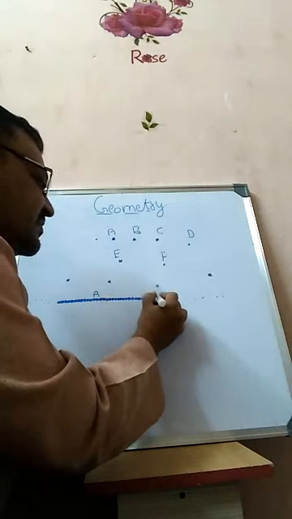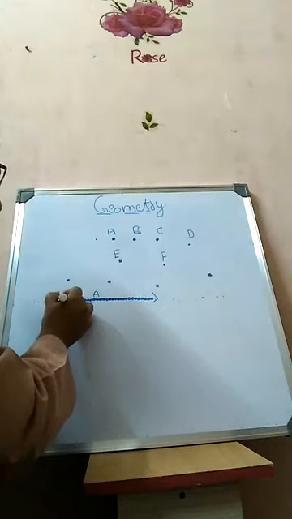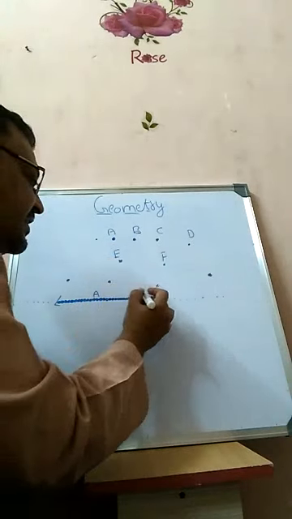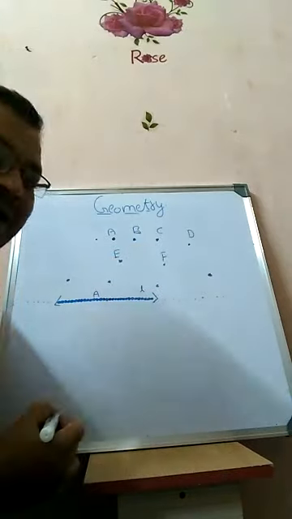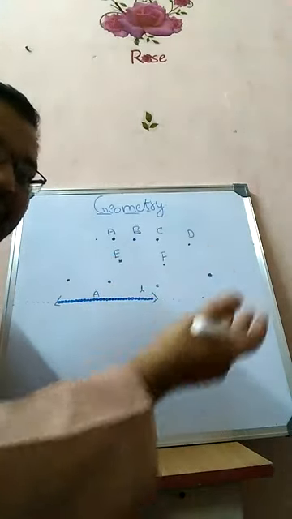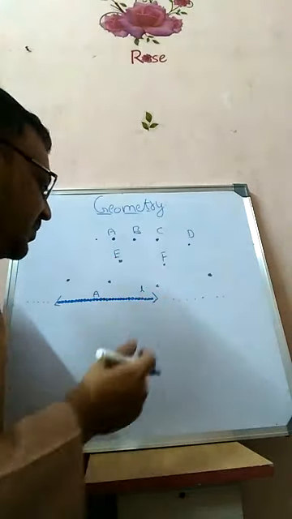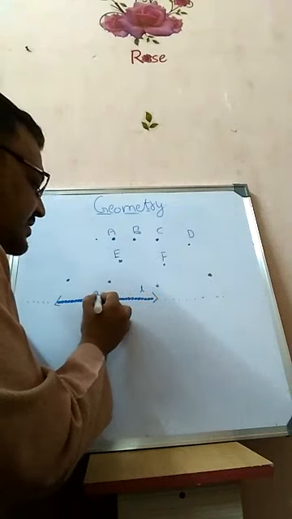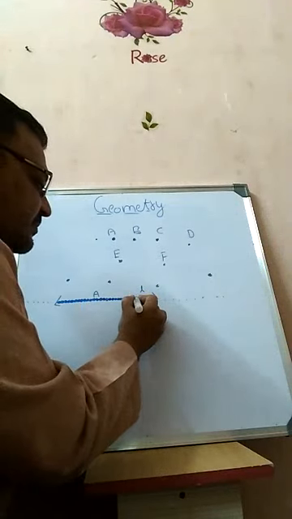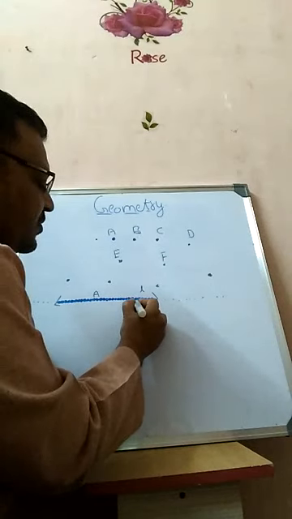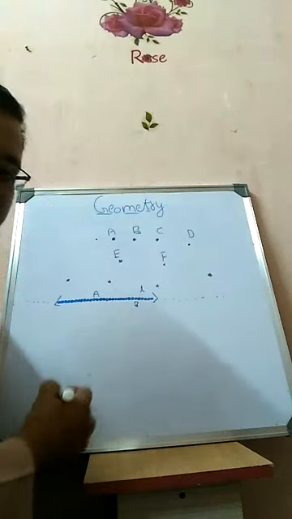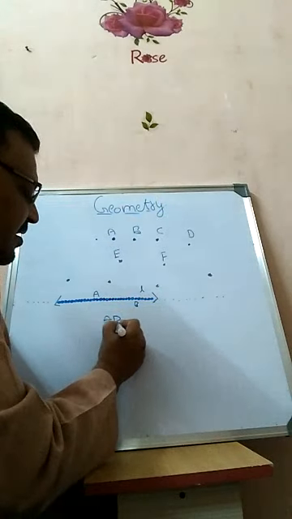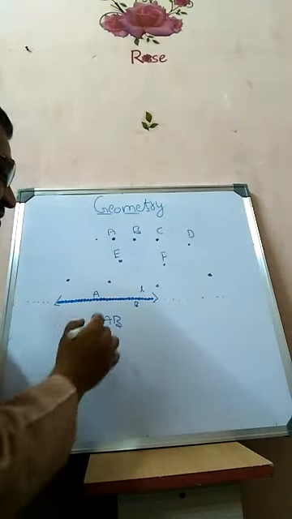So, the so formed figure is called line. We denote line generally by small letters. Line L, line M, line N, and so on. And moreover, we can take any 2 points on this line, A and B. We can denote it by using 2 letters also.